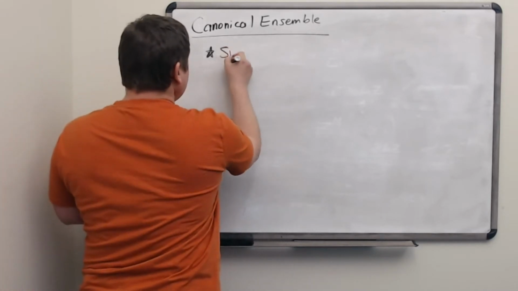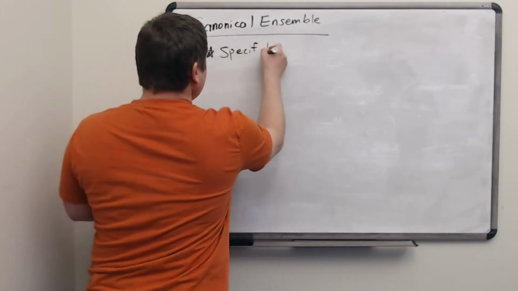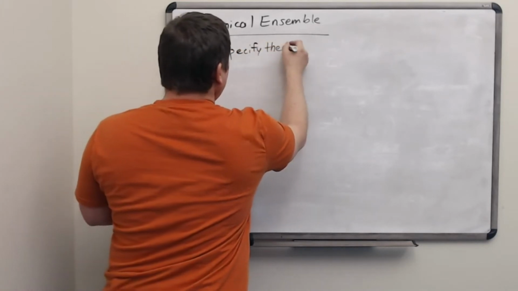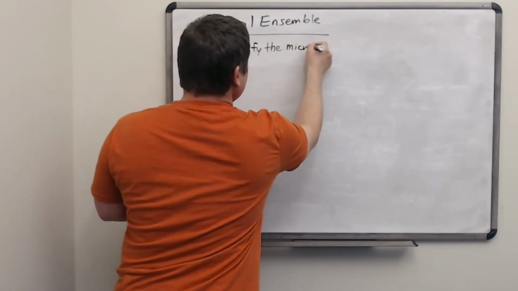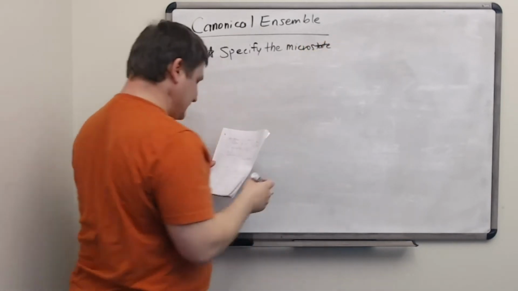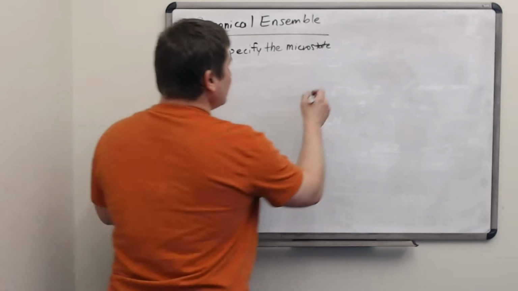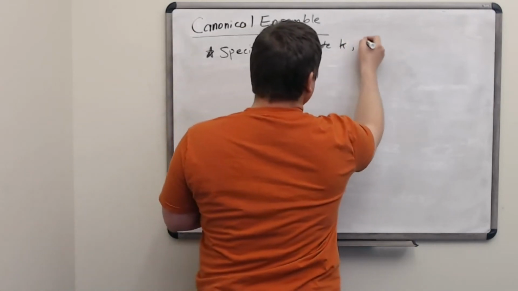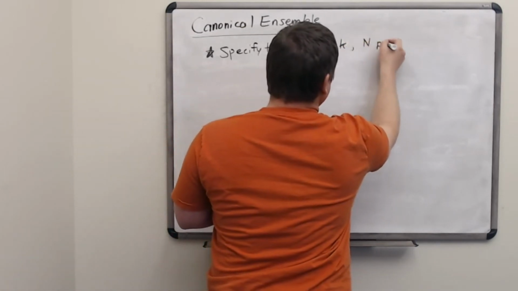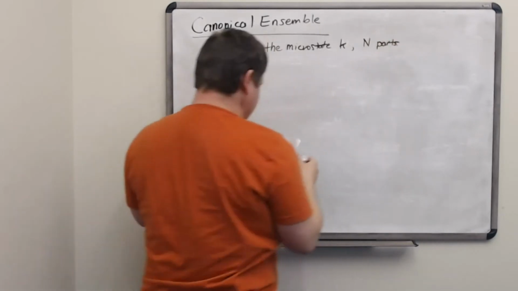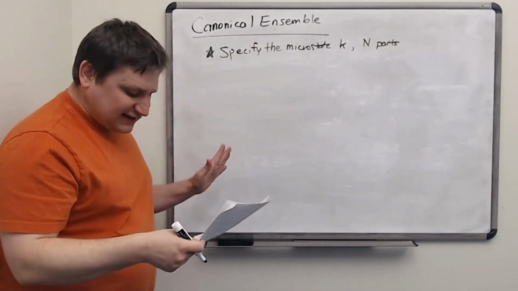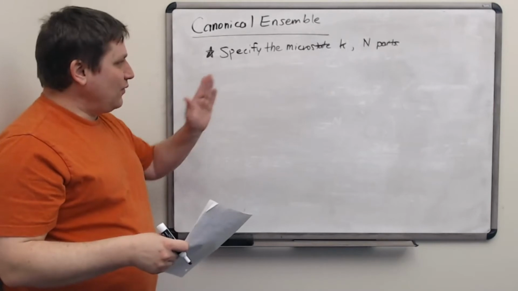So first, we decide how to specify the microstate of the system. We'll call that K. And we specify all possible microstates with n particles.